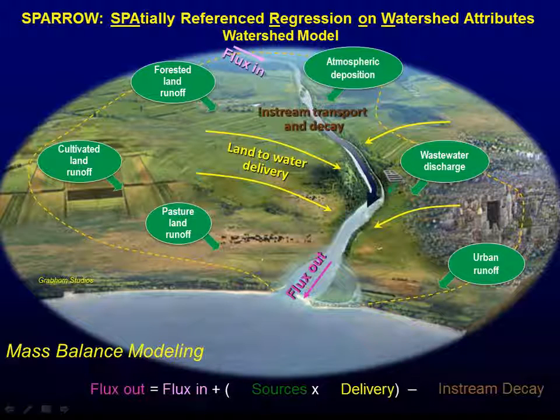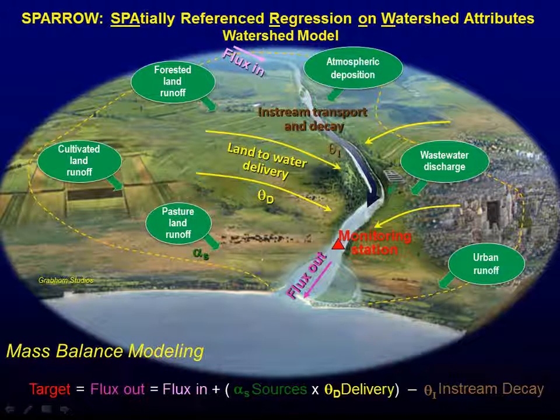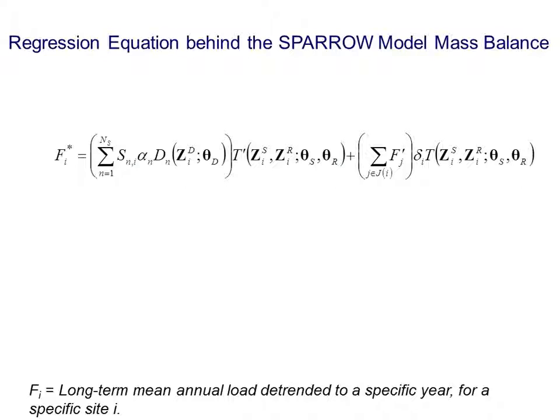And if you're watching, I'm developing this equation down below. And then we have a certain amount of in-stream decay as it's going down. Now the tricky thing for SPARROW is that we're going to try to get coefficients for each one of these things. So we're going to get a coefficient that goes with each one of these sources and each one of the landscape variables and ultimately in-stream decay. We're going to come up with those coefficients.